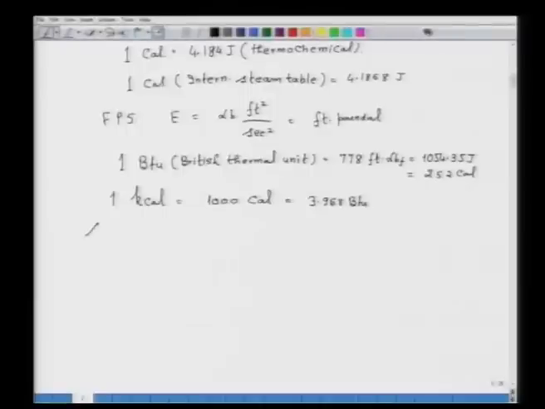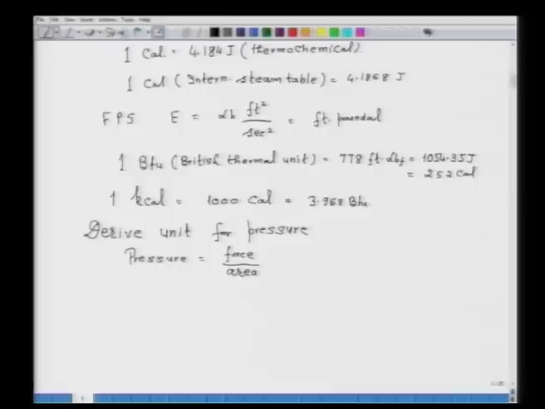Now, let us take the third example: derive units for pressure, again utilizing the fundamental units. Pressure we define in terms of the formula, that is force upon area.